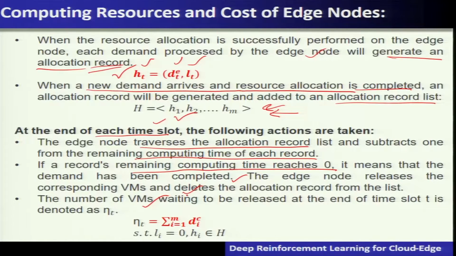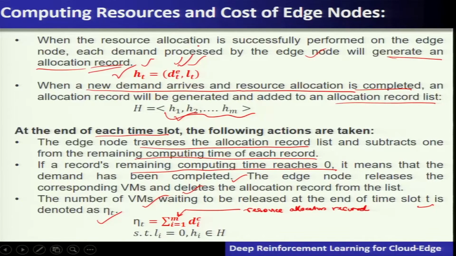So the number of virtual machines which are waiting to be released at the end of time t is denoted by eta. So eta is nothing but the summation of all m, as we have seen in this resource allocation record.